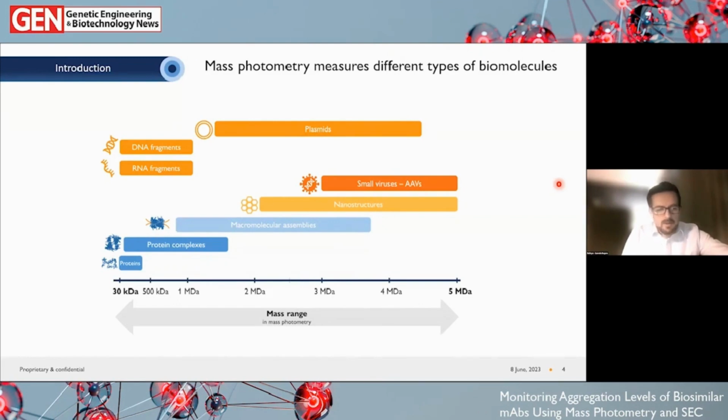You'll want less of the empty AAV particles and more of the full. You can look at nanostructures, nucleic acids, and also larger macromolecular assemblies as well. So it's not just necessarily tied to the analysis of proteins.